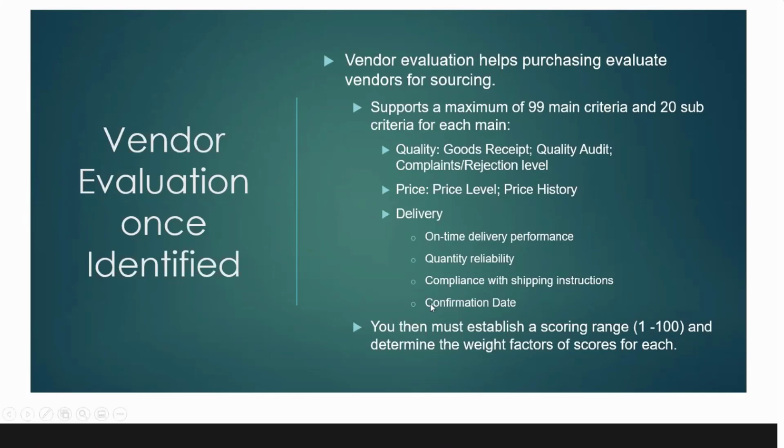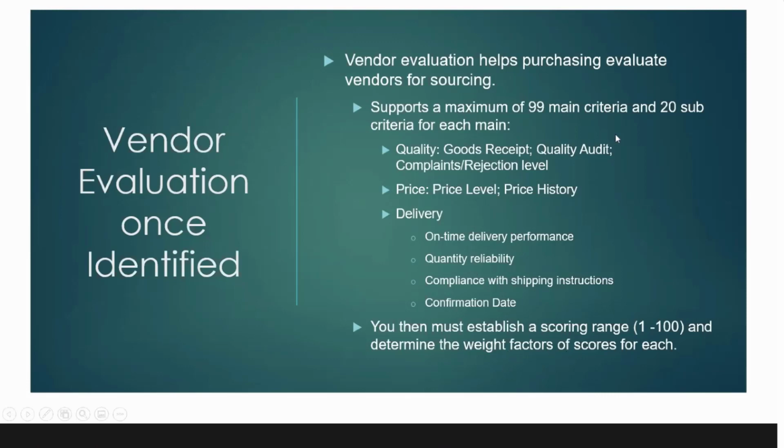This means, okay, when he sends you the delivery, he always sends the right quantity. If he is respecting the shipping instructions, if there is a confirmation date and so on, okay? So based on this, you have a score between 1 to 100.